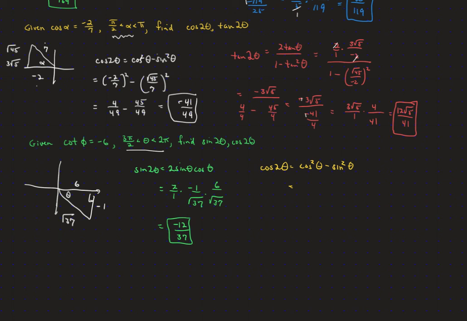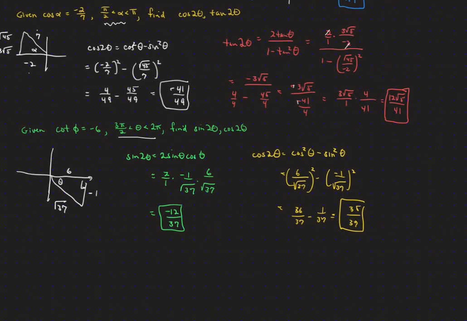Cosine we said was adjacent over the hypotenuse squared minus the opposite over the hypotenuse squared. So that's going to be 36 37ths minus 1 37th, which is 35 37ths. All right, very good. I think that's all I got. Let me just make sure. Yep. Okie doke.